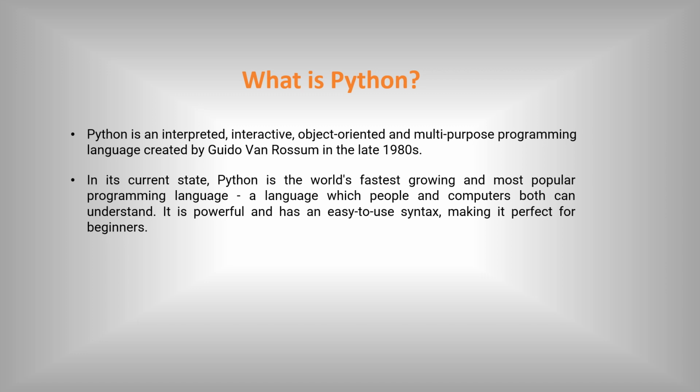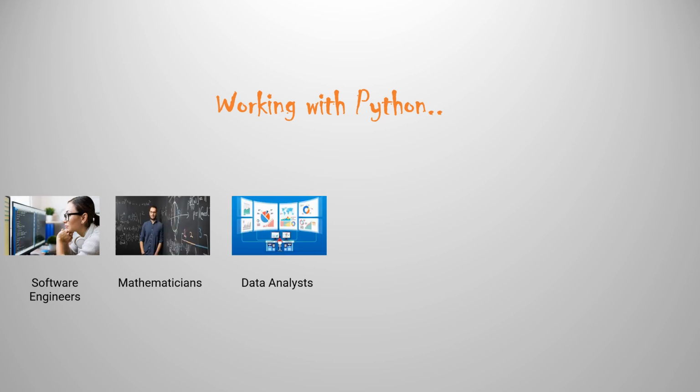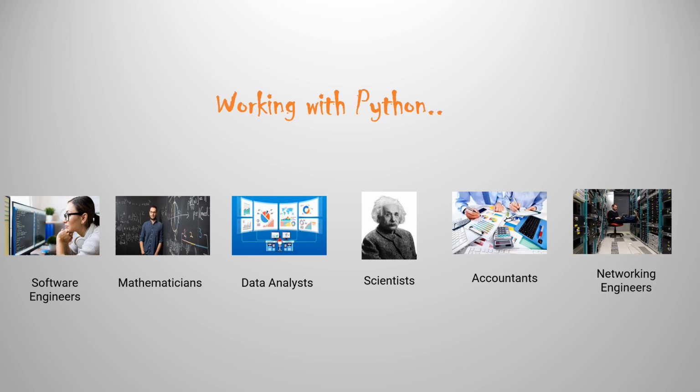It is powerful and has an easy-to-use syntax, making it perfect for beginners. Python is getting popular not just amongst software engineers, but also amongst mathematicians, data analysts, scientists, accountants, and networking engineers. So, you don't have to be a software developer to use Python.